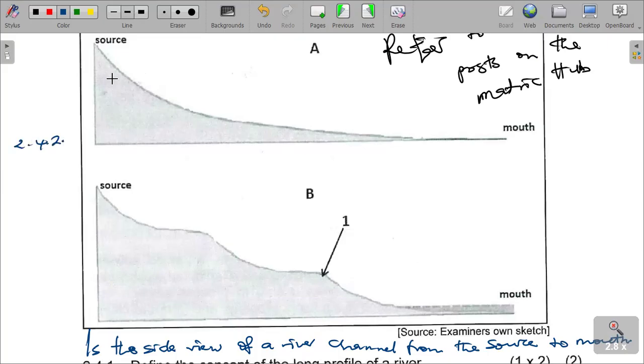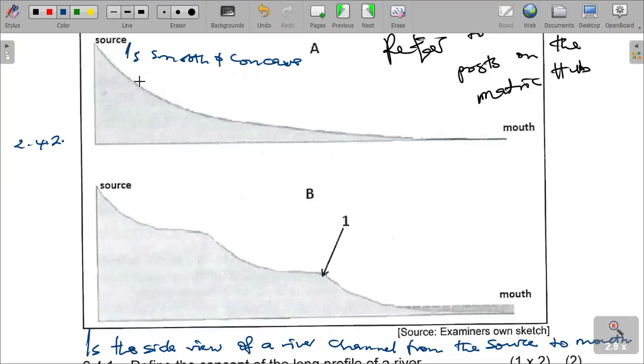So A, as you can see, is smooth and concave.